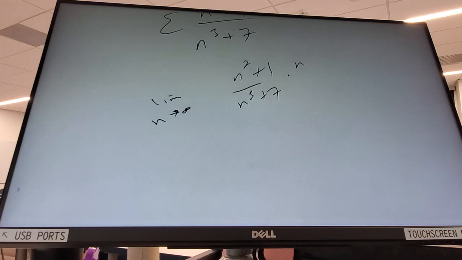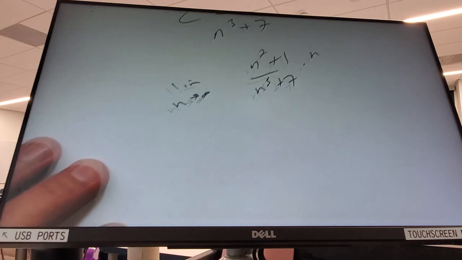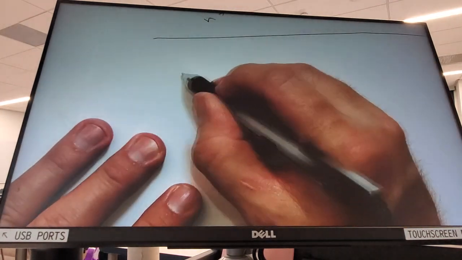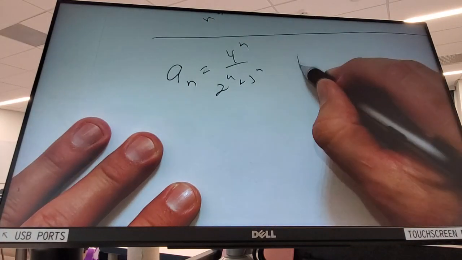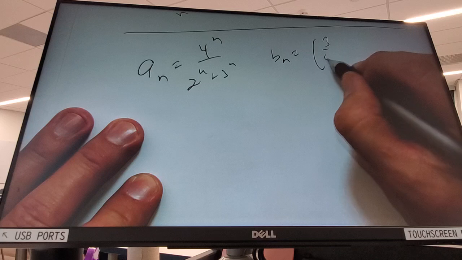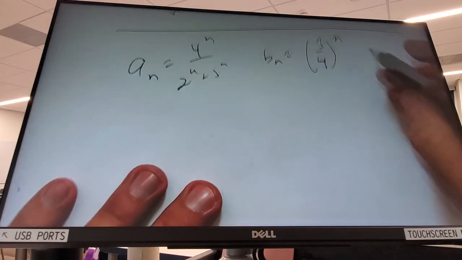Yes. And like I said earlier, the small thing that we created, like the 4n over 3n, isn't all of Bn. So on that problem, an was this, and bn was this. No, 4/3, yeah.